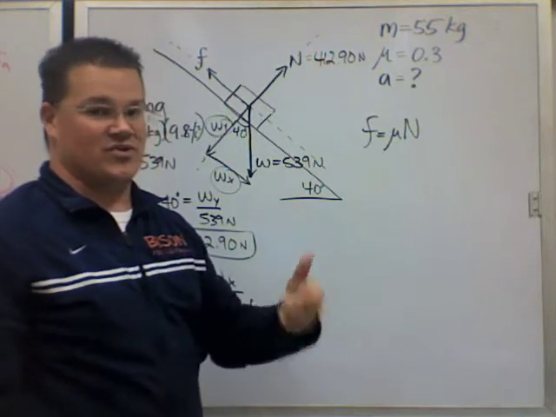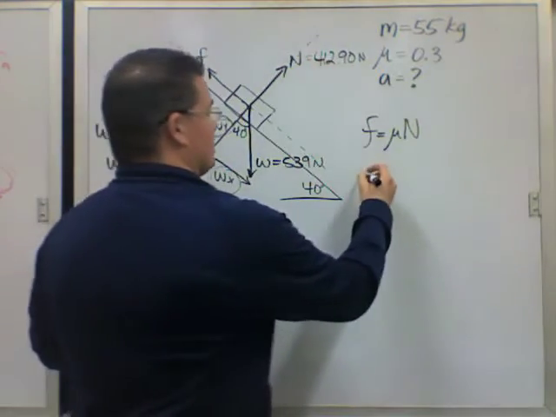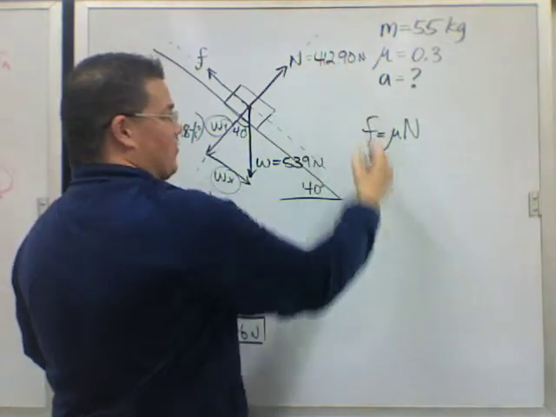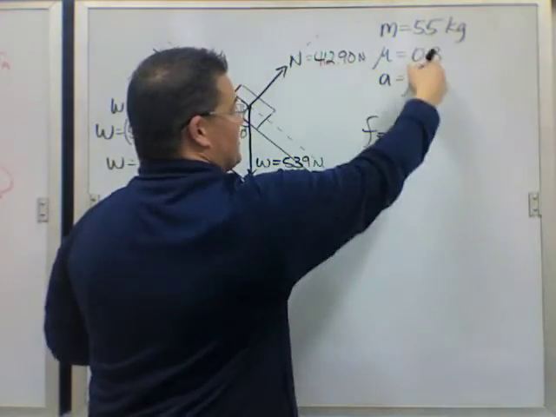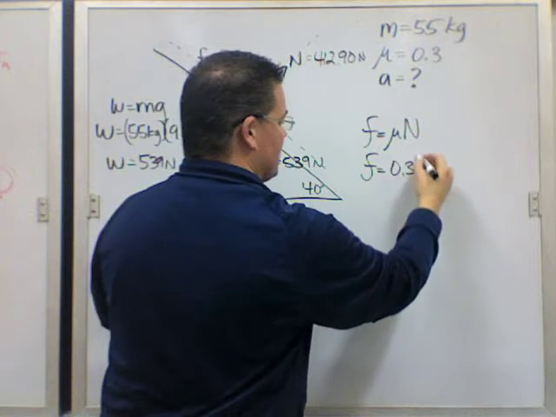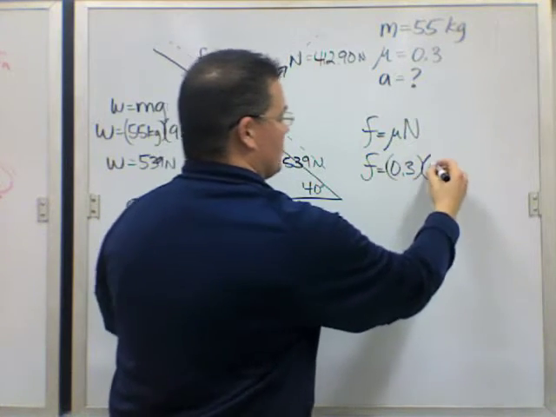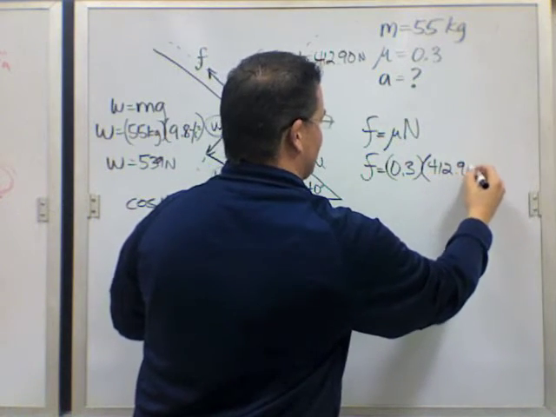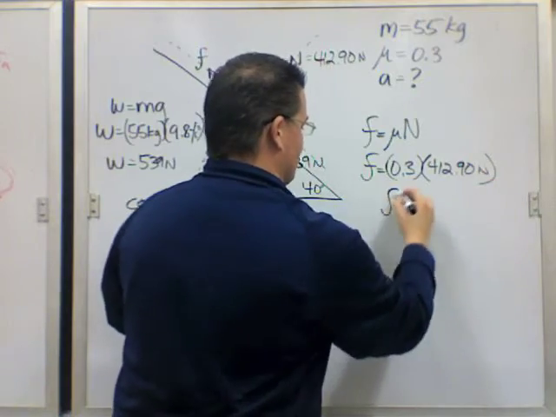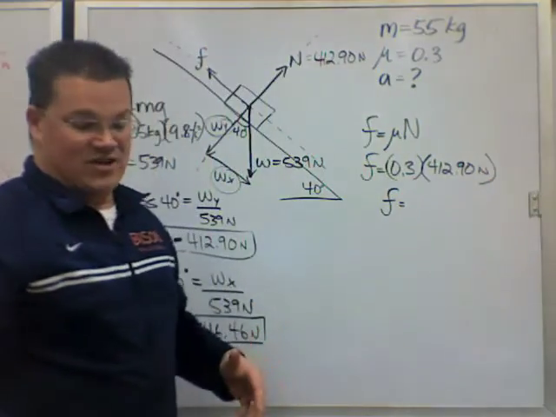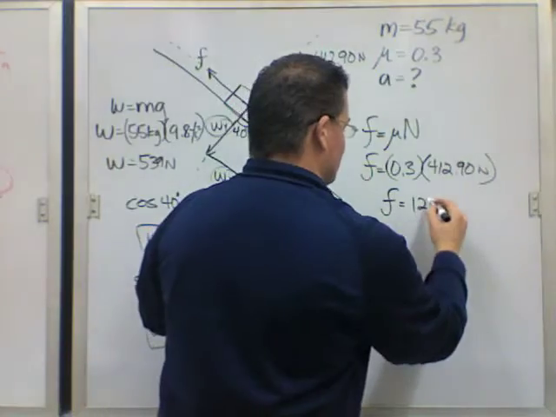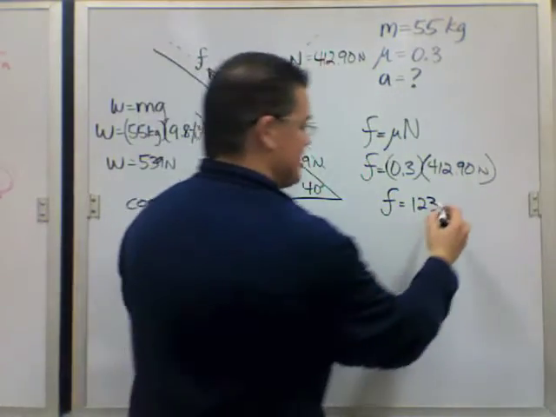I need the normal force to solve for friction. Well, I now know the normal force. Friction is going to be my coefficient of 0.3 times the normal of 412.90. When you solve that, you get friction to be 123.87 newtons.